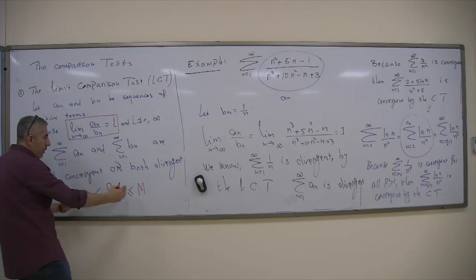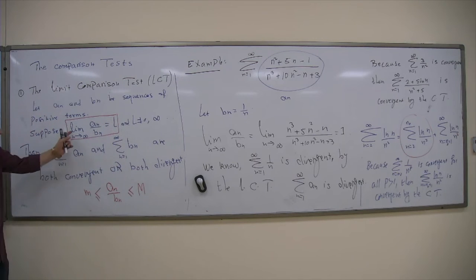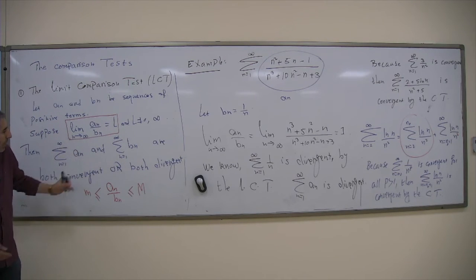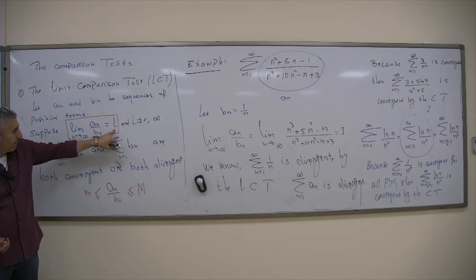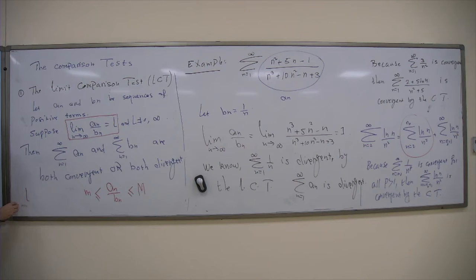So basically, between small m and big M, you have L. That's the meaning of the limit. When n is large, you come close to L.